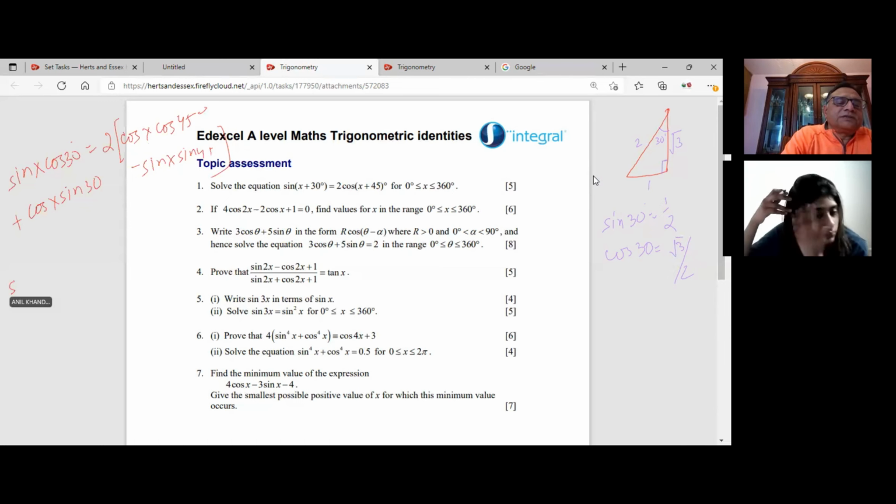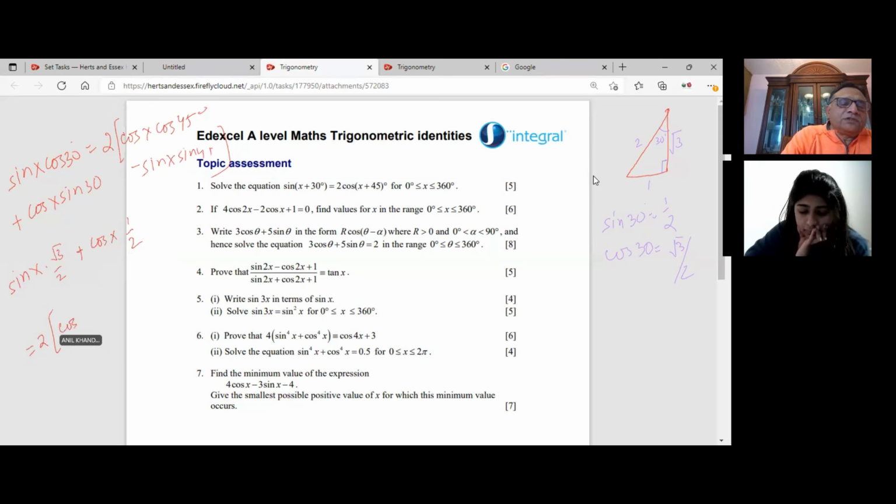So sine x times cos 30, square root 3 over 2, just substitute that value here, plus cos x sine 30 is half, equals 2 times cos x cos 45.